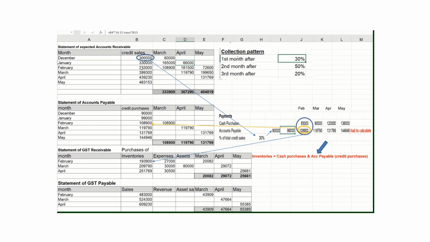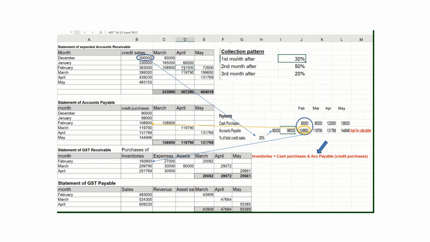So if we look at February, and they say in February, the 1st month after, which is March, we will receive 30%. So 30% of 363,000 is your 30% there, $108,900. The next month we receive 50%, and you can see the increase there, 50% of that.